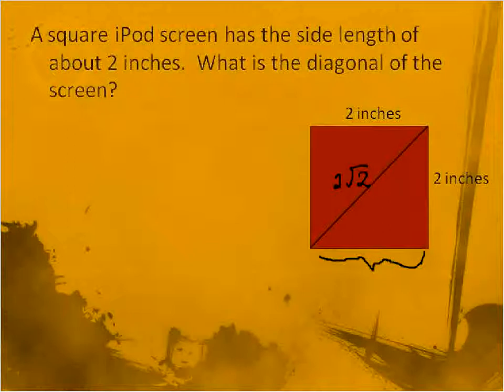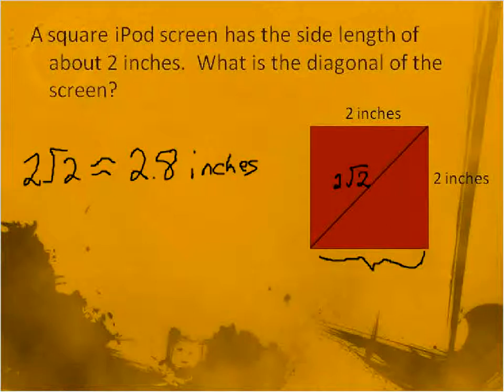I can punch that into a calculator, or I can know that the square root of 2 is about 1.4. If you multiply 2 times the square root of 2, you'll find that that length is approximately 2.8 inches. All right, not bad. So that shortcut saved us having to use the Pythagorean theorem. That's kind of nice.